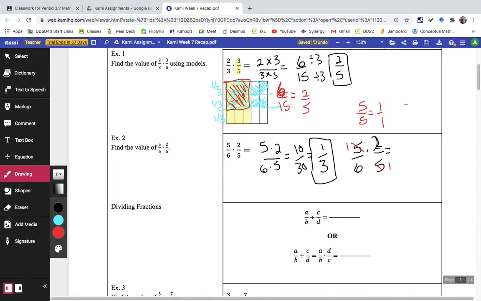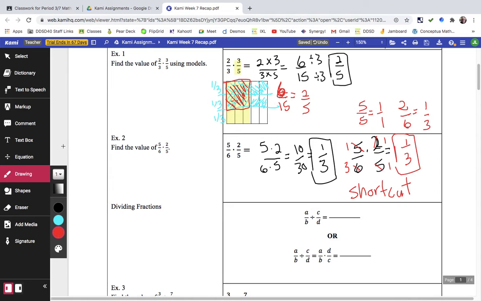Same with 2/6. 2 goes into 2 once, 2 goes into 6 3 times. We can do it this direction because it's connected through multiplication. Then we multiply 1 times 1 and 3 times 1, and we get the same answer. So there's the shortcut.